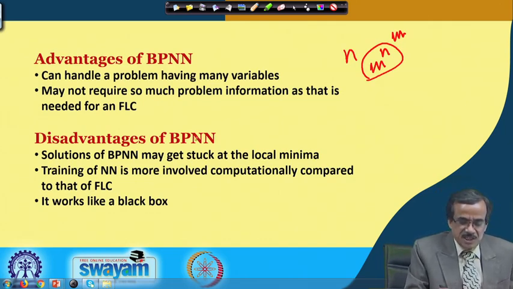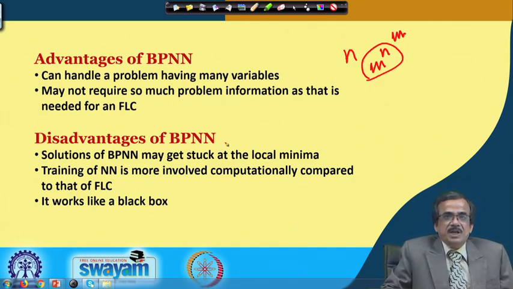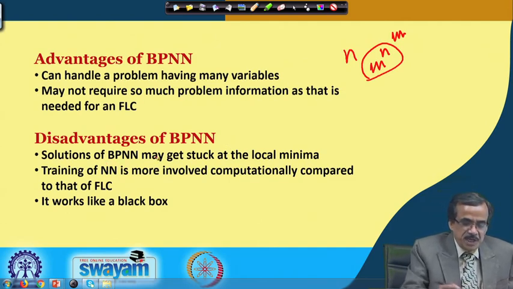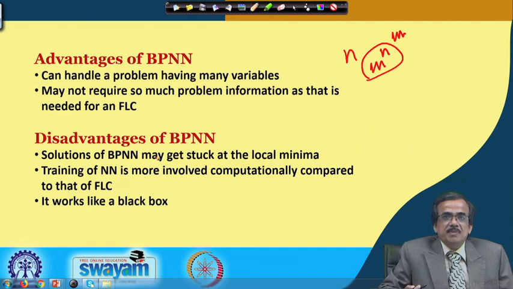Now, the disadvantages or demerits of the multi-layered feed forward network. The solution of the back propagation neural network, that is the multi-layered feed forward network trained using the back propagation algorithm, may get stuck at the local minima.